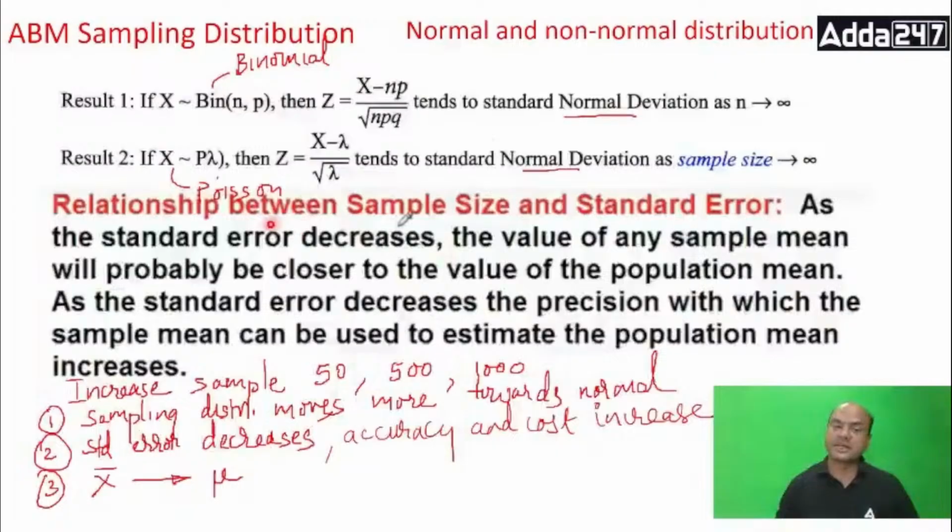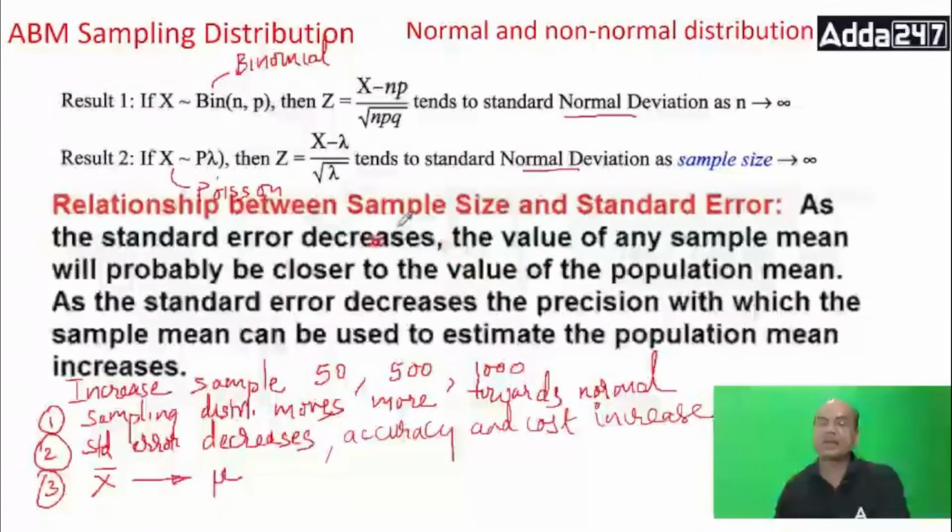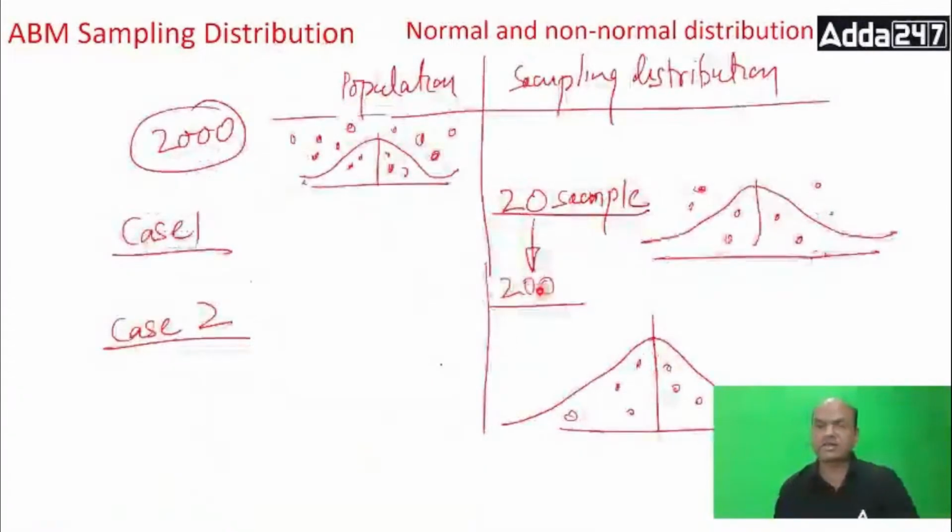So, see what is standard error basically? Standard error is the difference, right? I told you yesterday that it is the difference between the population mean and the sample mean. Okay, let's see this.